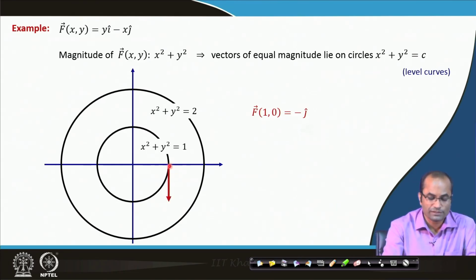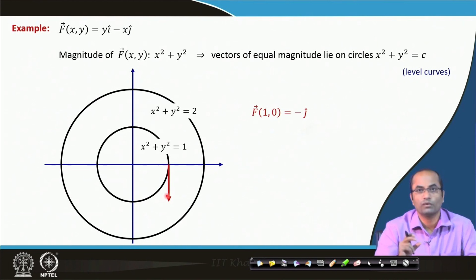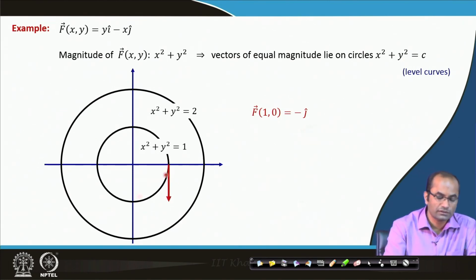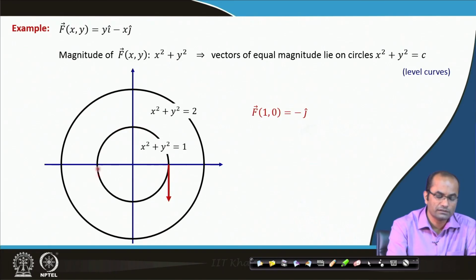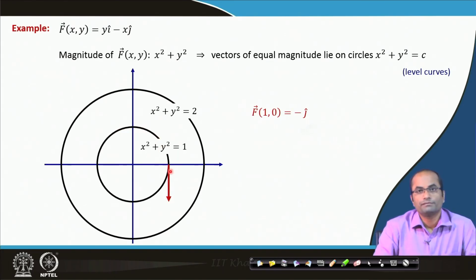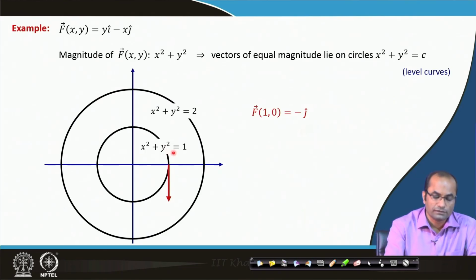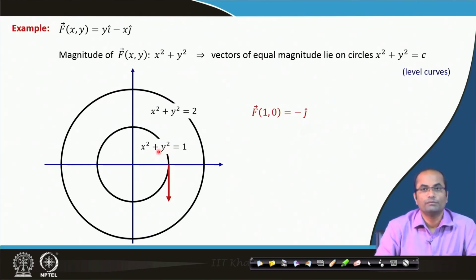So, this is the visualization. At each of the points on the circle x square plus y square is equal to 1 we will have a vector of the same length 1, so at any point on this circle, if we draw a vector, its magnitude will be 1.